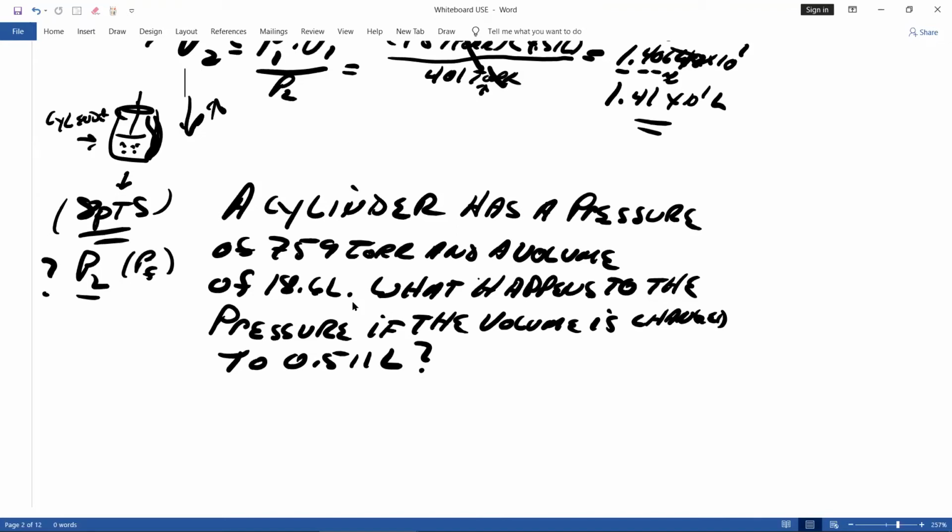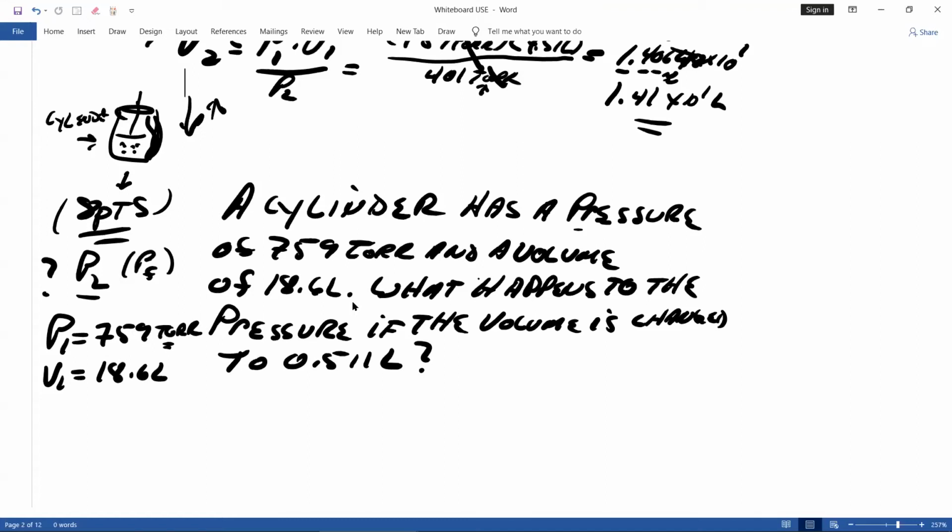We're given the initial pressure, P1 equals 759 torr. It's good to put the units when you're figuring out what you're given. And an initial volume of 18.6 liters.